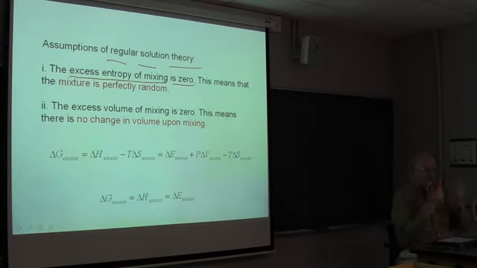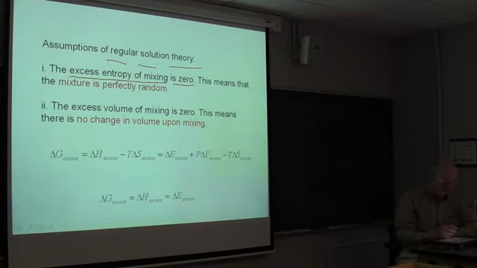So the 1-1, 2-2, and 1-2 interactions have to all be the same. In which case, what will be around any given molecule will be just a random mixture. So that's part 1 of the definition of a regular solution.